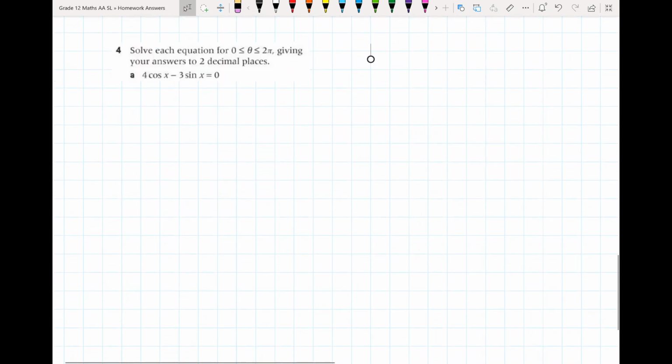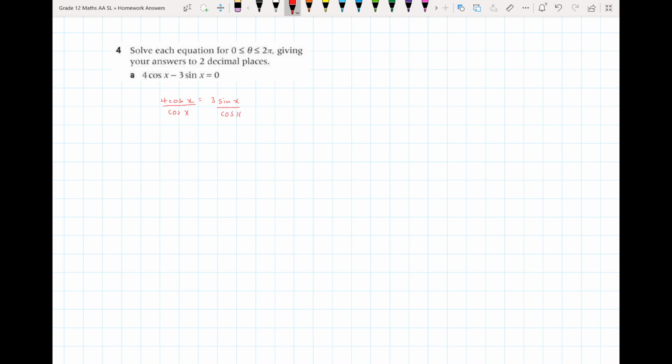Okay, so all parts of question 4 are asking you to do the same thing, but give your answers correct to 2 decimal places. So here in the first one, we can start off by moving 3 sine x over. Then whenever I see sine and cosine, one on each side, I know I can convert them to tangent. So I will go ahead and divide both sides by cosine x.